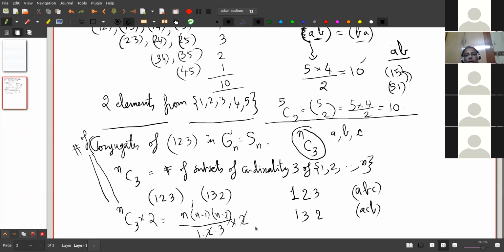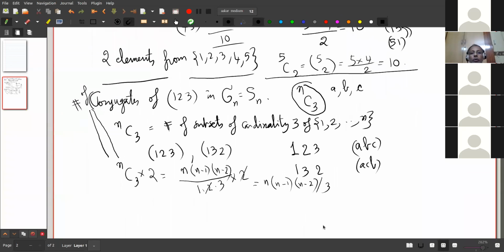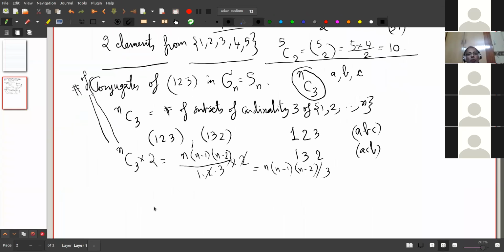These 2s cancel. So it's n times n minus 1 times n minus 2 divided by 3. Okay, very good. You want to try something else?